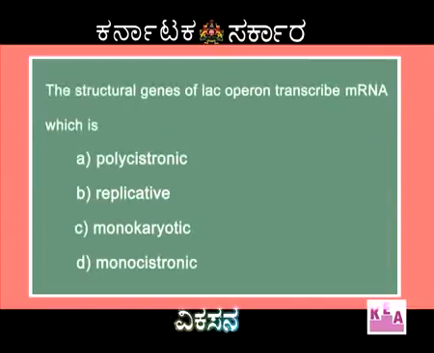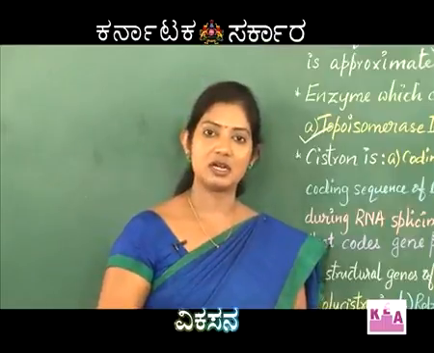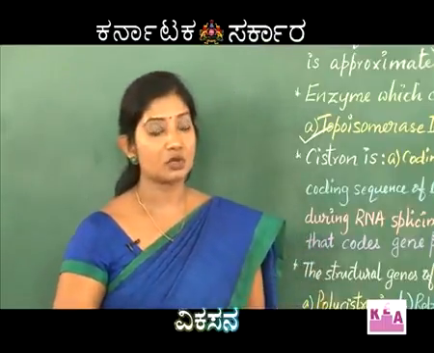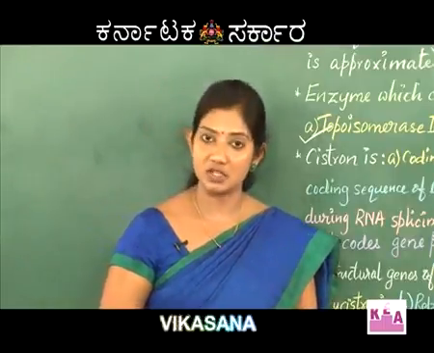The next question, the structural genes of lac operon transcribe messenger RNA which is. Now you are aware of what a cistron is. Cistron is nothing but a segment of DNA which can produce a specific polypeptide chain.